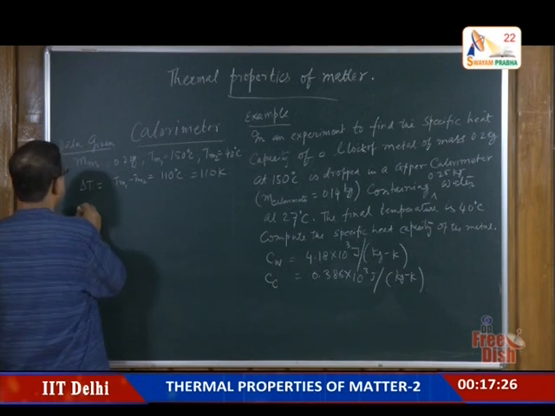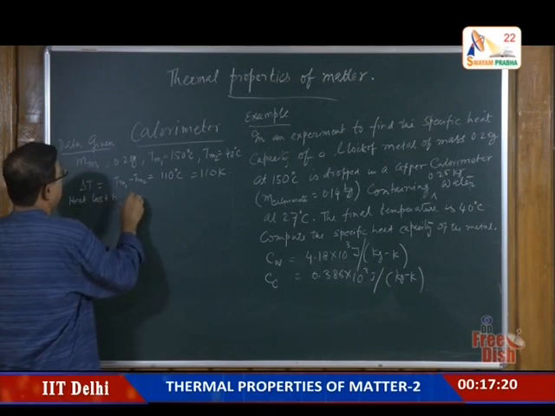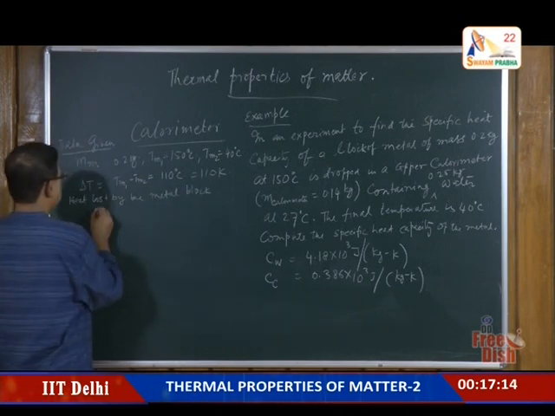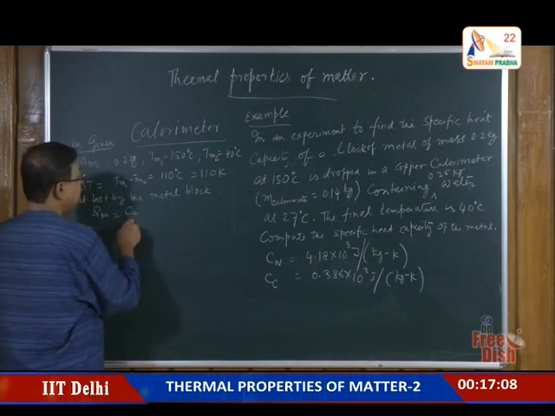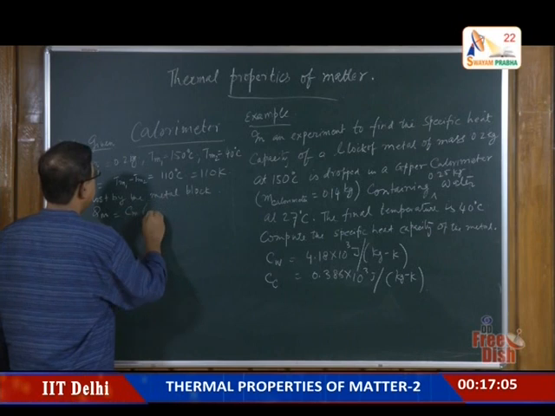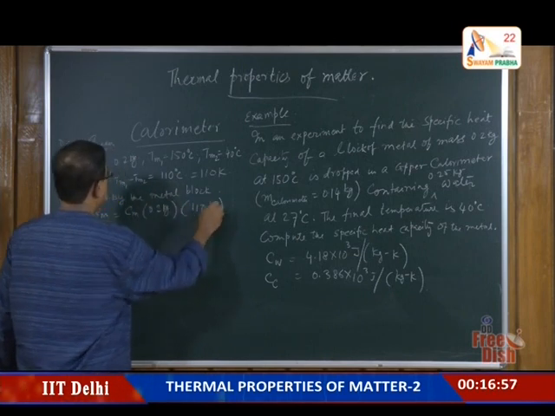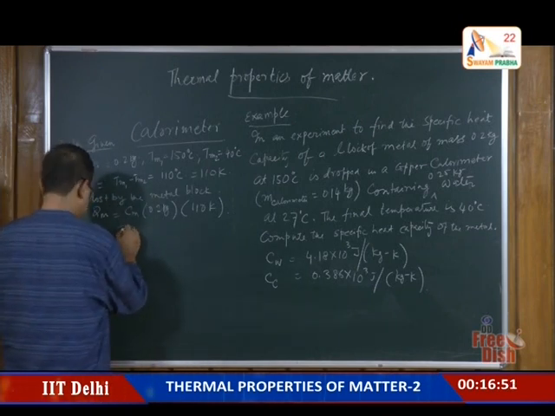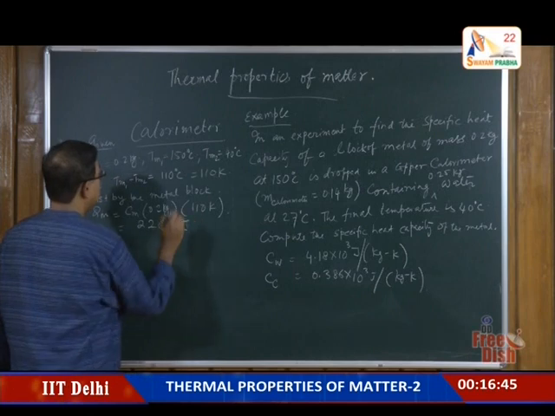So, the heat lost by the metal block, Qm, is equal to Cm, which I need to find, times M, which is 0.2 kg, times delta T. This will be in joule, so this is like 22 Cm in joule.